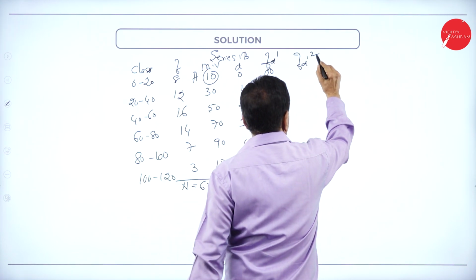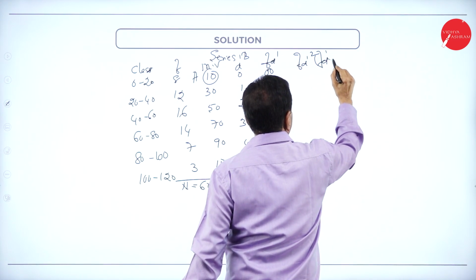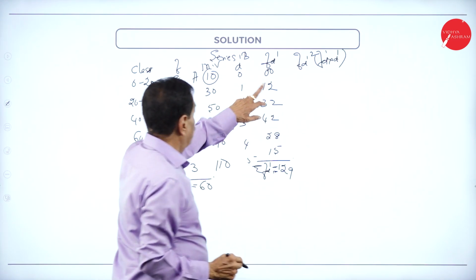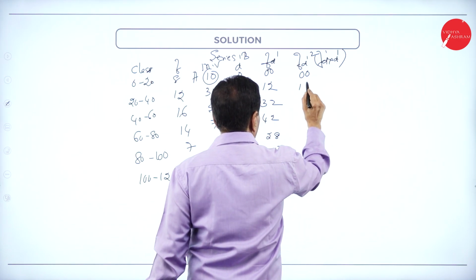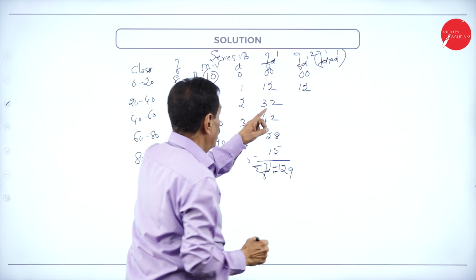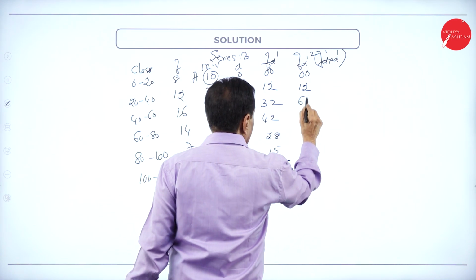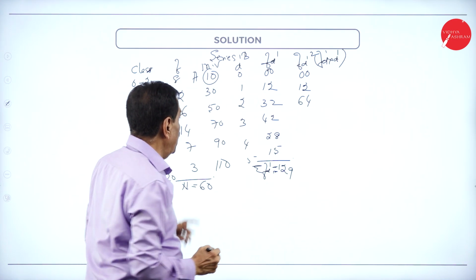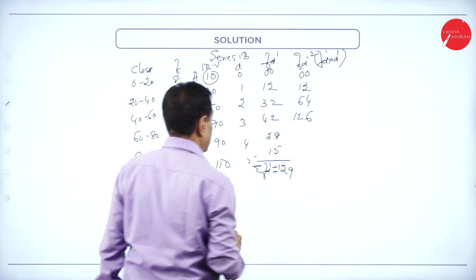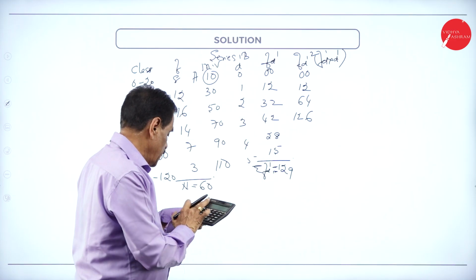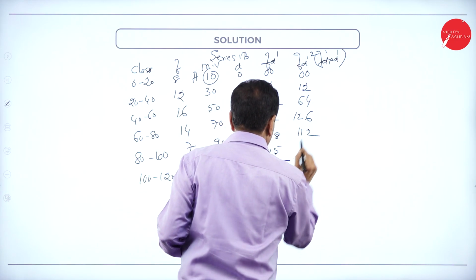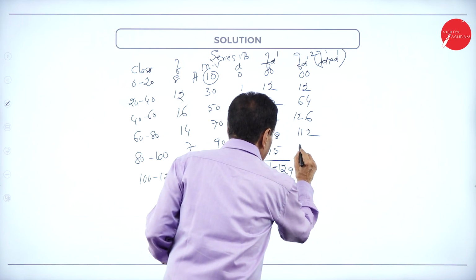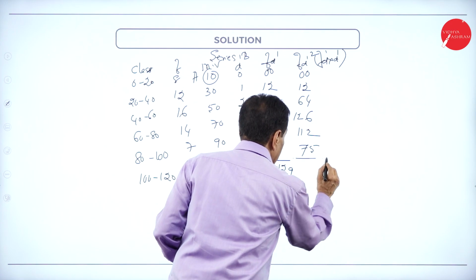Then f t dash square is nothing but f t dash into d dash. 0 into 0 is 0. 12 ones are 12. Then 2 into 32 is 64. 42 into 3, 126. 28 into 4, 112. 15 into 5, 75.